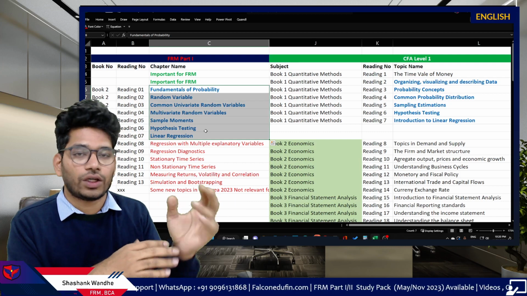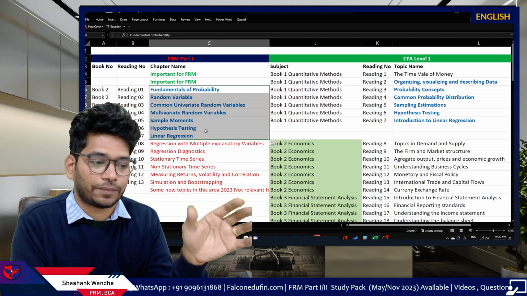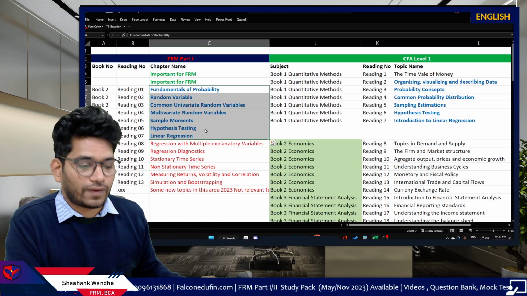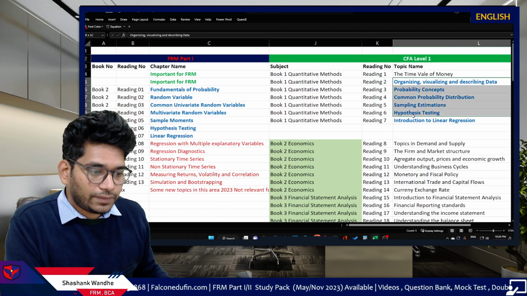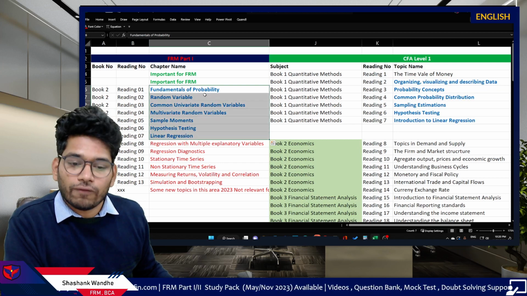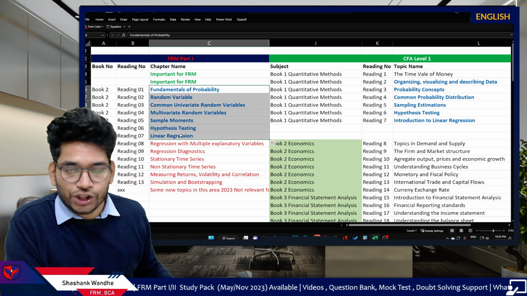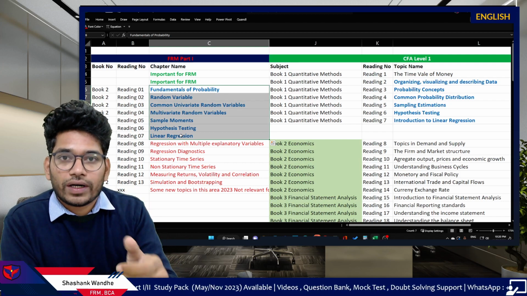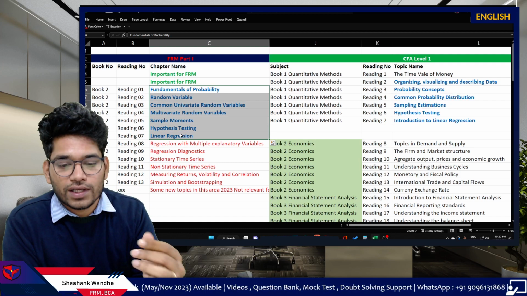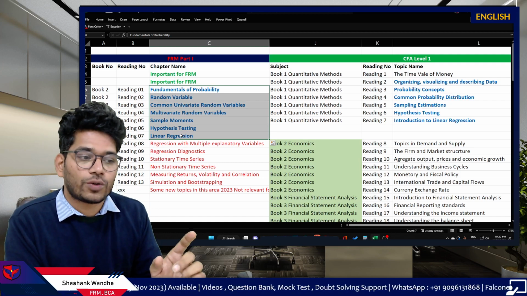On the other hand, here you have more or less similar topics, but fewer in number. In this particular section, from fundamentals of probability till linear regression, we have slightly more discussion in FRM compared to CFA, a few paragraphs or one or two more concepts.